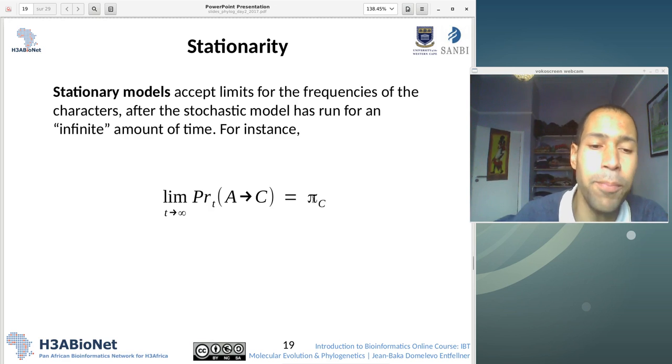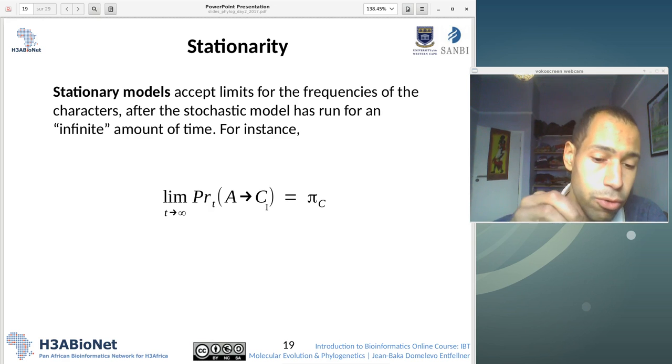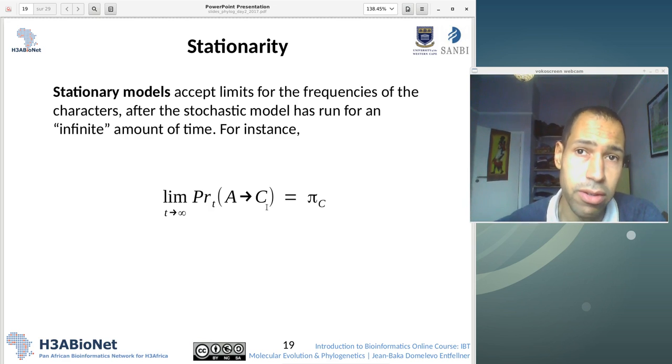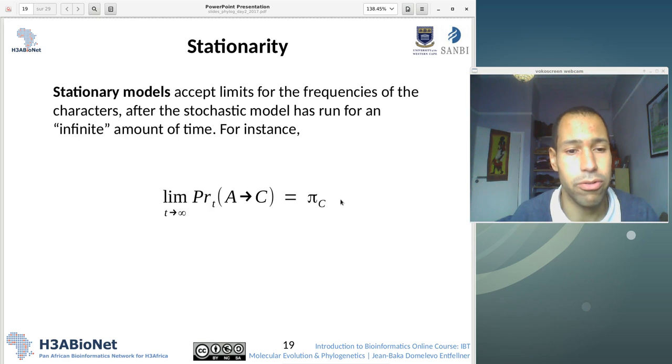Okay, so it means that you have an equilibrium distribution, meaning that if evolution takes place over a very long branch, what you see at the end of that branch is the set of 4 probabilities corresponding to the equilibrium distribution, or stationary distribution, pi subscript A, pi subscript C, pi subscript G, and pi subscript T. These 4 depend on the model itself, and they exist if the model is called stationary.